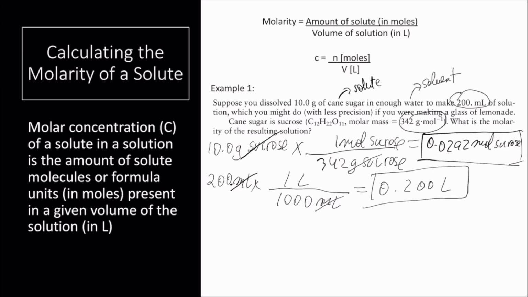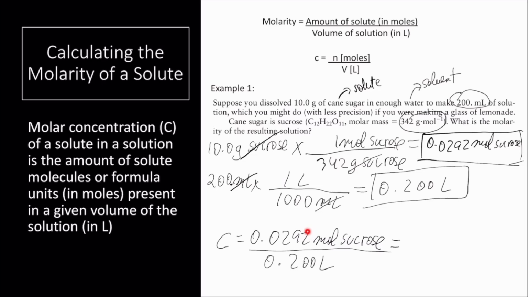with 3 significant figures. Finally, we can use the equation of concentration or molarity, and the number of moles of solute is 0.0292 moles of sucrose divided by 0.200 liters of solution.